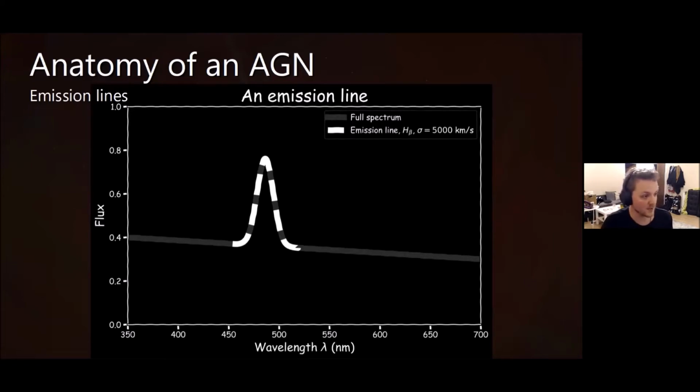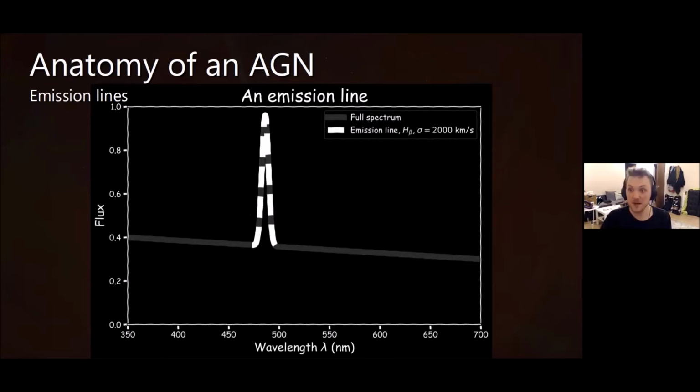So in this case, with our H beta, if we have a rotational velocity of 5,000 kilometers a second, we have something that is this broad, and just judging by eye, it's around 25 nanometers broad, which is quite a broad emission line.